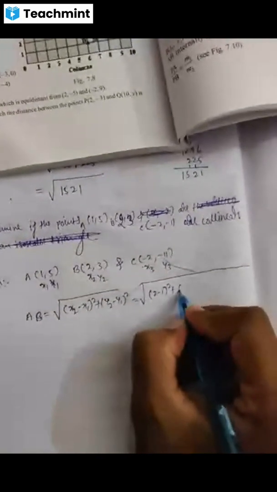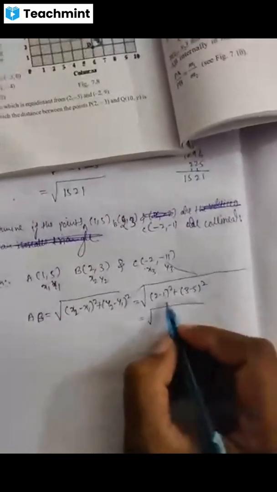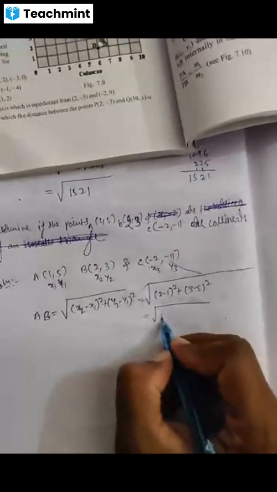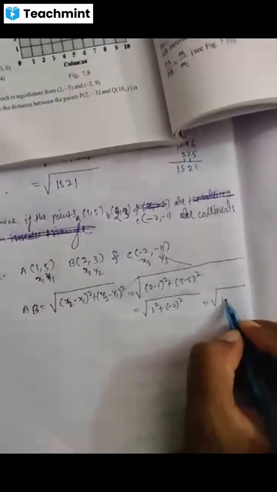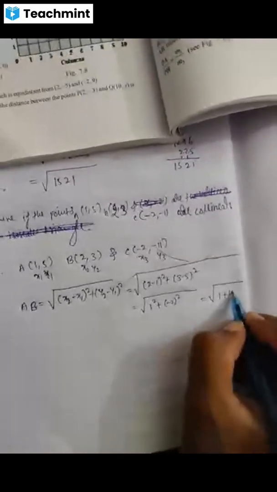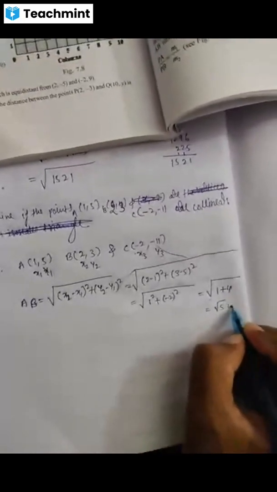What is x2 minus x1? 2 minus 1 whole squared plus 3 minus 5 whole squared, that is the square root of 1 squared plus (-2) squared, which is the square root of 1 plus 4. That will be equal to root 5 units.